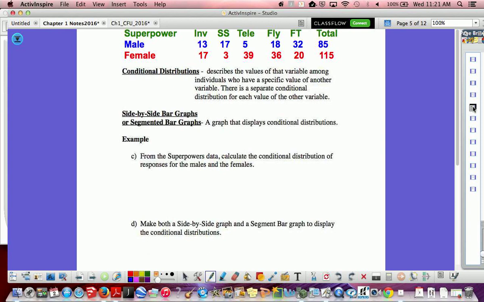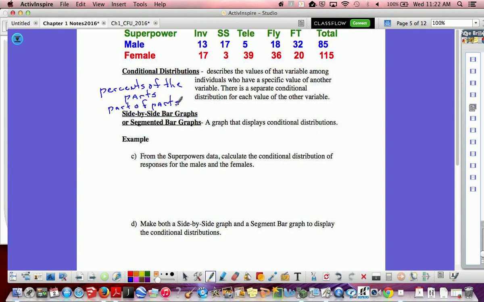So now, the second type of distribution when given a two-way table that you'll be asked to take a look at is what you call conditional distributions. Basically, when I think of conditional distribution, I'm calculating percents of the parts. Or sometimes I look at it as parts of parts.